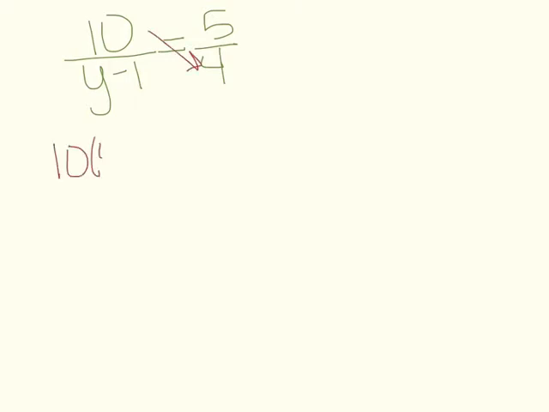Let's take a look at another example of cross product strategy when solving proportions. Let's say this time that we have the proportion 10 over y minus 1 equals 5 over 4. We'll apply cross product strategy. So we have 10 times 4 equals 5 times y minus 1. 10 times 4 is 40.